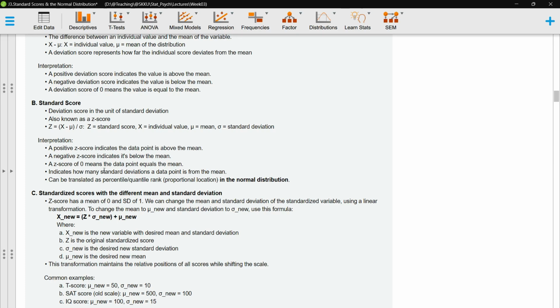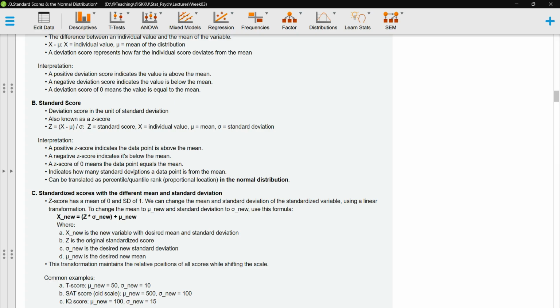For example, a standard score of 1 indicates the data point is above the mean by 1 standard deviation. If we have a standard score of negative 1.5, that means that value is 1.5 standard deviations below the mean. So simply speaking, the standard score is the deviation score in the standard deviation unit.